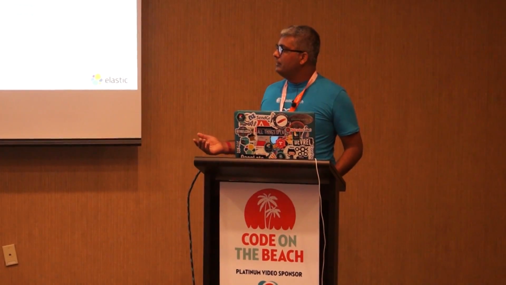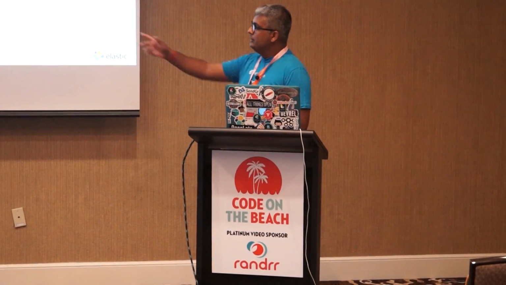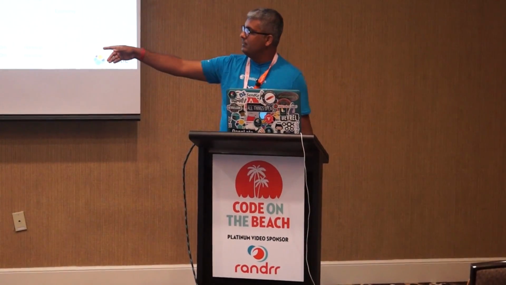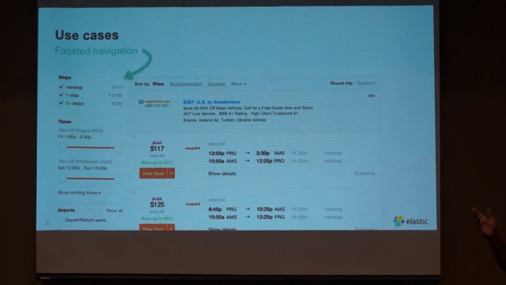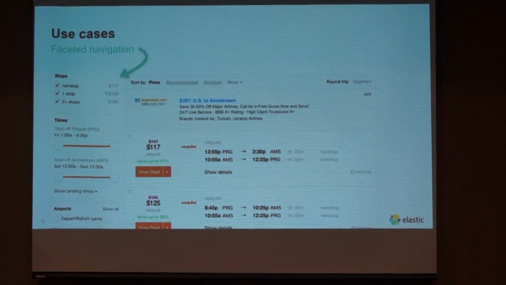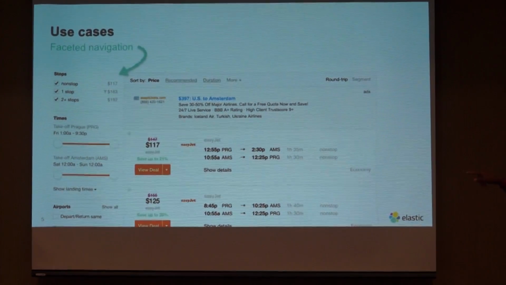So it's important to give the user some sort of an aggregated view of these results, just so they can make sense of it all quickly. And that's where this faceted navigation on the left-hand side comes in. This is a screenshot from Kayak. It does not run Elasticsearch, just for the record, although we wish it did.